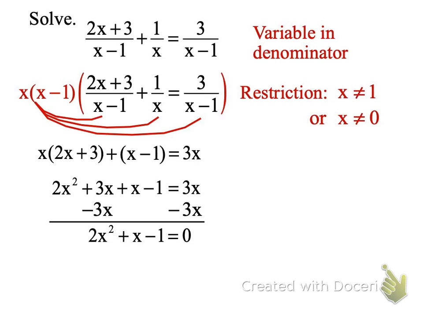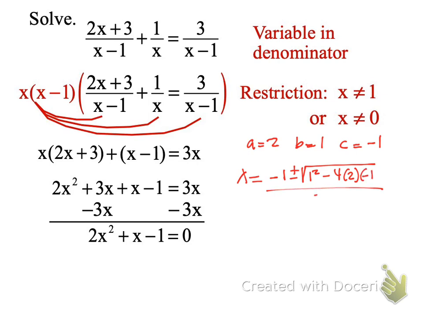I might do my quadratic formula just to get you guys used to not factoring with, a equals 2, b equals 1, c equals negative 1. x equals negative 1 plus or minus the square root of 1 squared minus 4 times 2 times negative 1 all over 2 times 2.